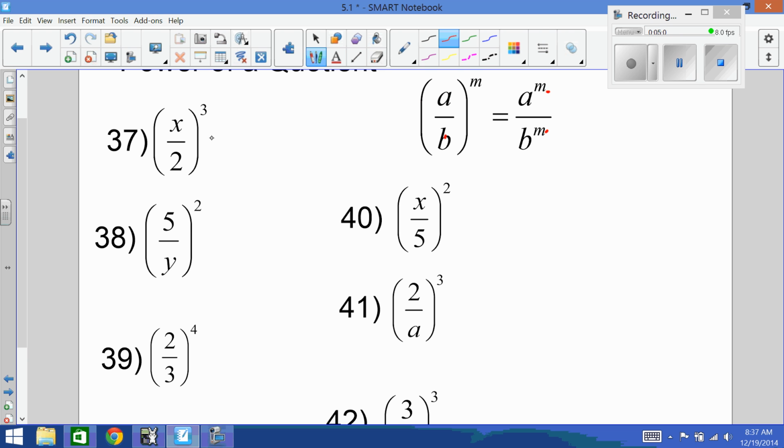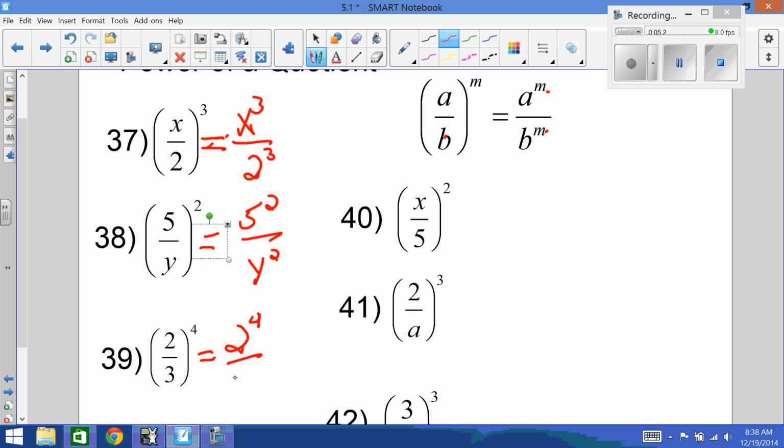So what that means, like for 37, everything's in parentheses, therefore it'll be x to the third over 2 to the third. 38 will be 5 squared over y squared. 39 will be 2 to the fourth over 3 to the fourth.